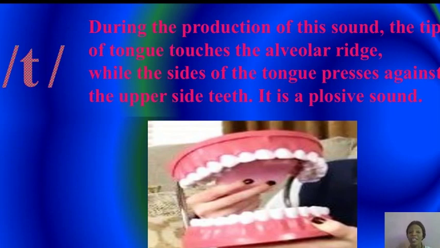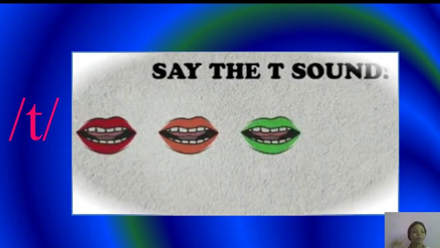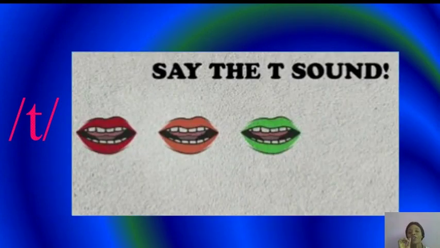Now, that's why we say that's how you articulate the sound. So let's actually go articulate the sound with me. Just try it. Put your tongue just right behind your upper teeth on the bump, and let's try saying it.